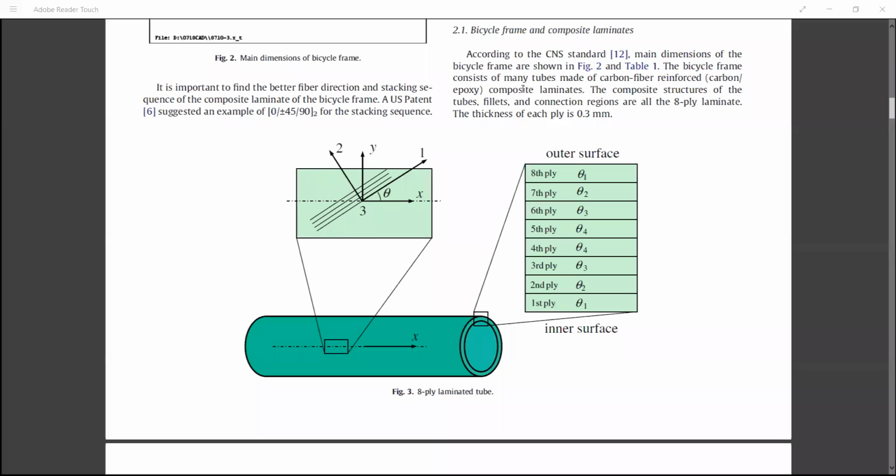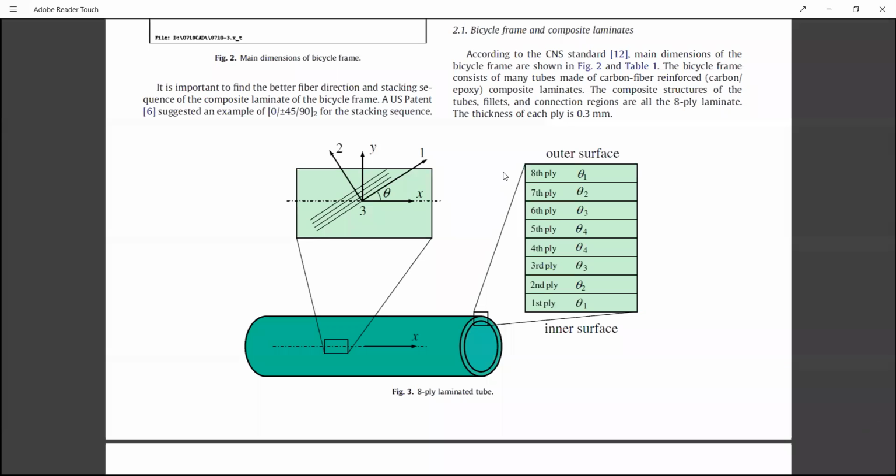Excuse me, sir. In this case, is the laminate first made and then converted into a tube, or is it directly made in the form of a tube? Okay, you're talking about the fabrication process. I was saying, is the laminate made directly in the form of a tube, or is a sheet first made and then rolled into a tube? It will be directly made into a tube.